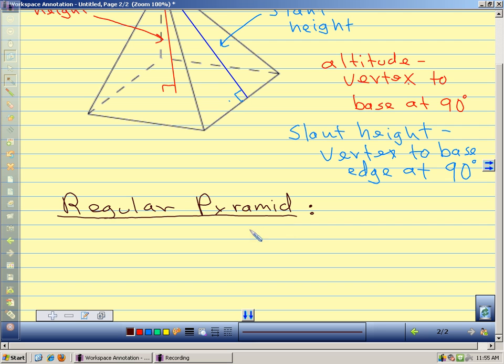What makes a regular pyramid special is that it has a regular polygon as the base. So the base is going to be a square, an equilateral triangle, or a regular hexagon, something like that. So all the sides and all the angles are the same.